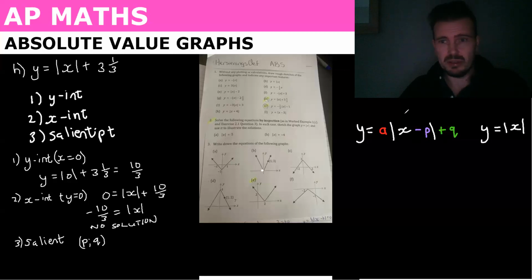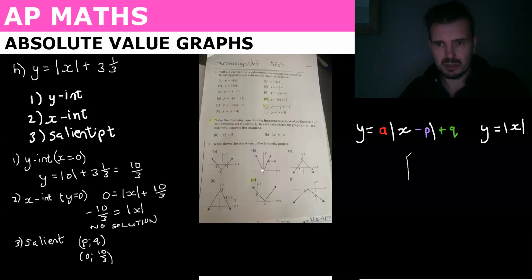And so you know that if it's -3, then your salient point is 3. If it's negative in an absolute value, it will always be positive. And if it's positive, it's negative. So our salient point is, it doesn't matter if it's 0 because there's no sign for 0. And then Q is 10/3.